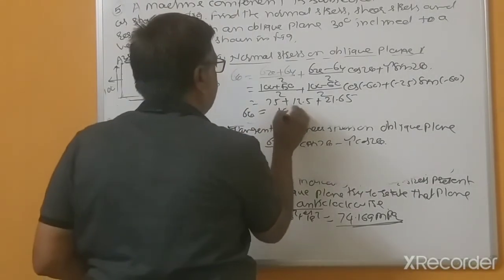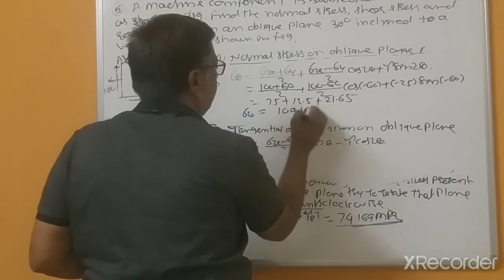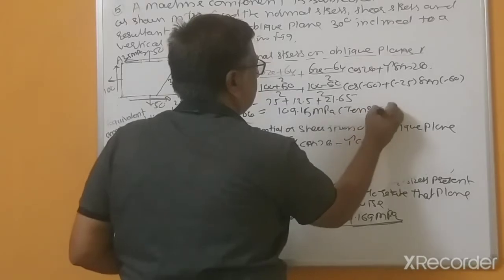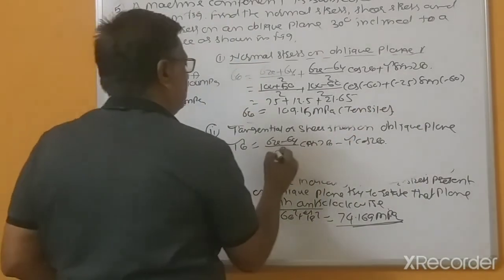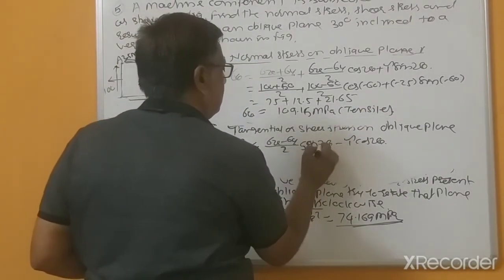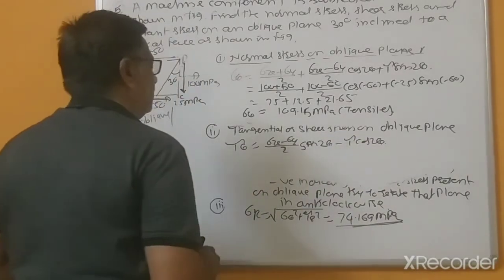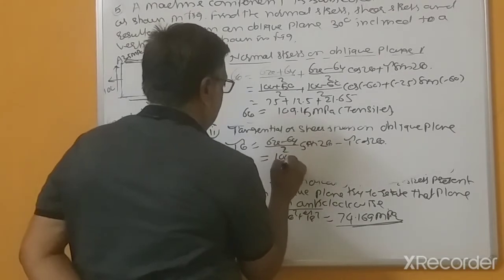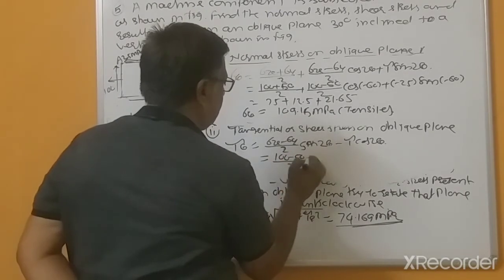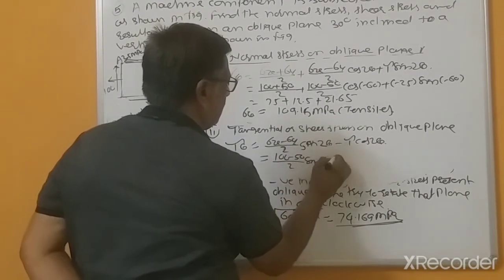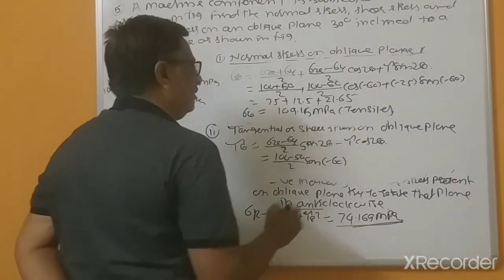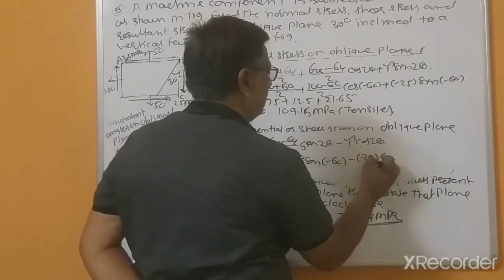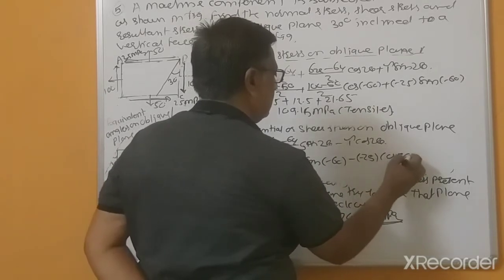This is 109.15 megapascals and this is tensile. Now this is sin 2 theta, this is 100 minus 50 divided by 2 sin minus 60, and this is minus 25 cos 60.